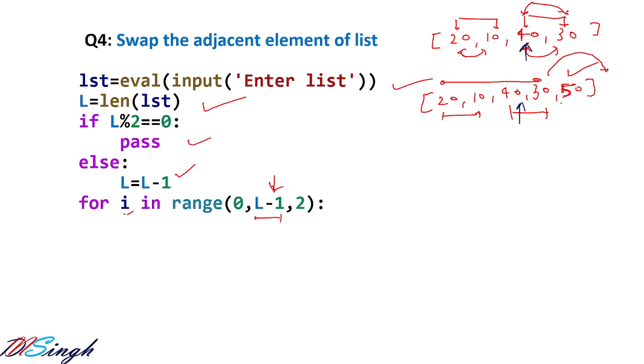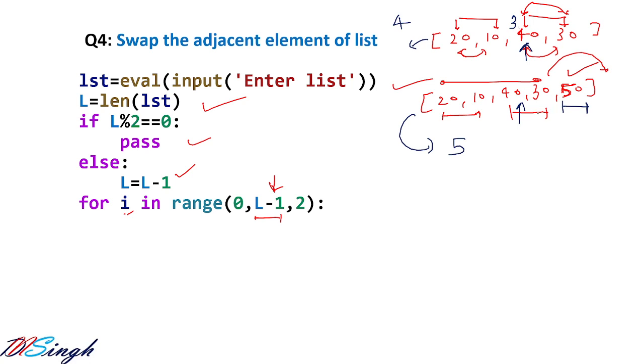So where this element will be adjusted is in this particular part, where you are reducing the odd length by 1. So here what is the value of L? It will be 5. Here what is the value of L? It will be 4. So if it is 4, then you are going up to 3 only. L minus 1, up to 3.